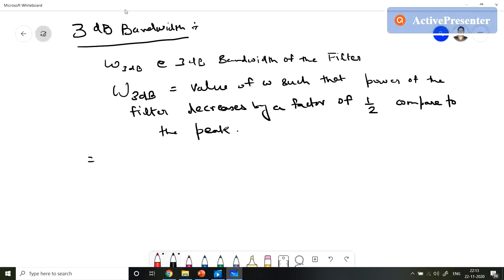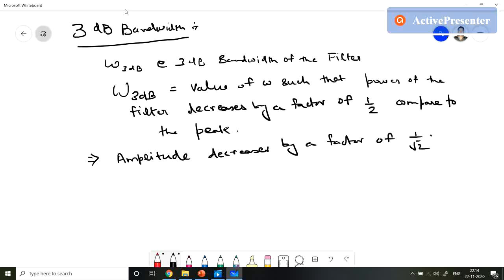So the amplitude decreases by a factor of 1/√2.